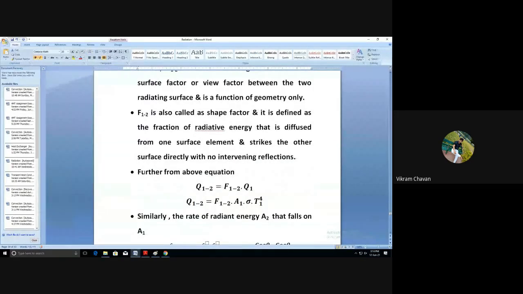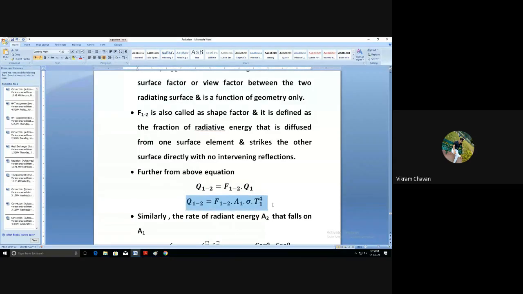Further from above equation, we can write Q1 to 2 will be equal to F1 to 2 multiplied by Q1. And we know that Q1 is nothing but A1 multiplied by sigma multiplied by T1 raised to 4.